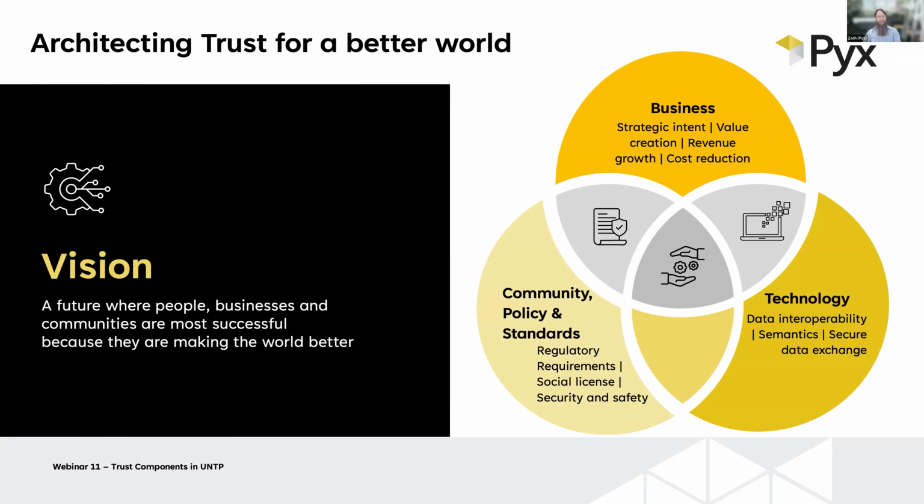Our vision is a future where business, people, and communities are most successful because they're making the world better. And we see that vision coming to life through architecting trust for a better world. Our view is that trust architects combine three distinct disciplines to enable that future.